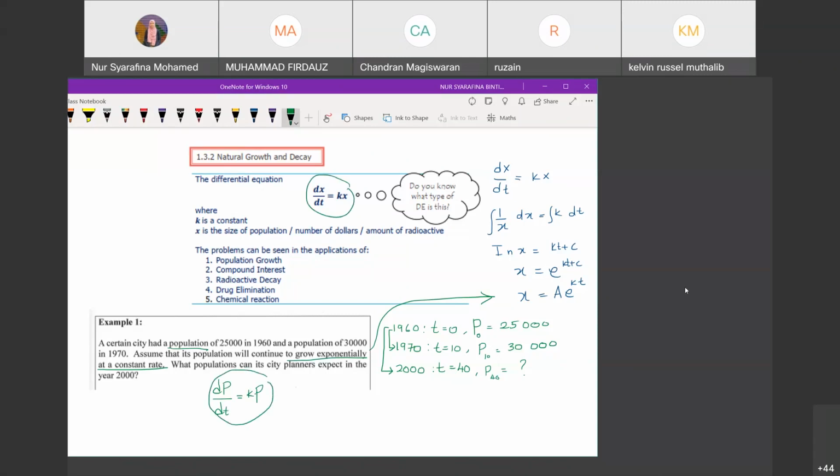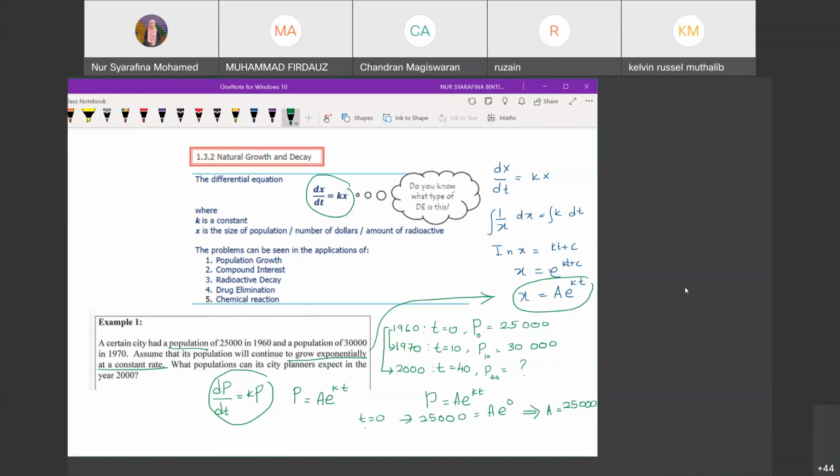The solution becomes P equals A e^(kt). When t is 0, P is 25,000. Then we can find A. A equals 25,000. Right, this one is t equals 0.